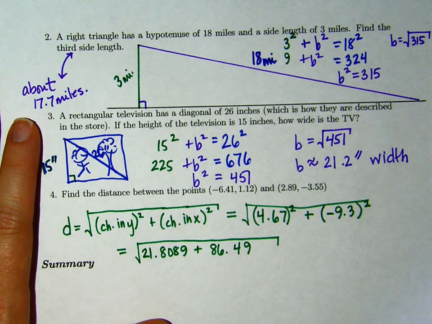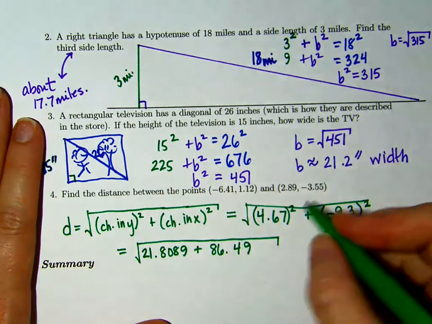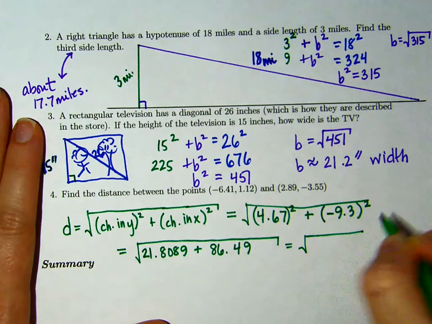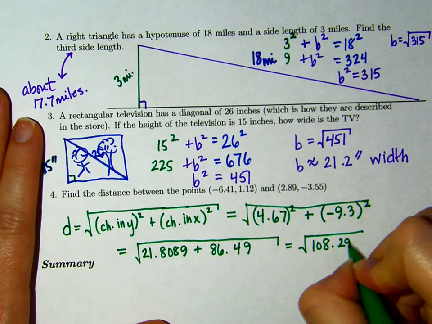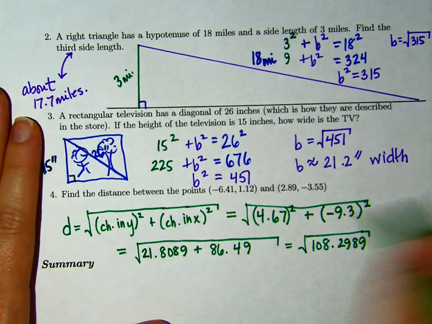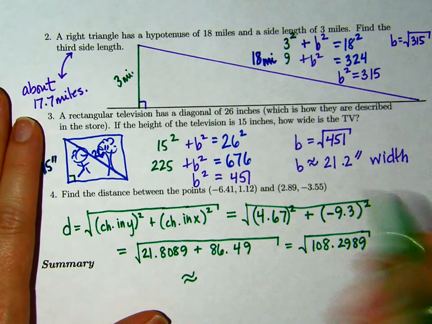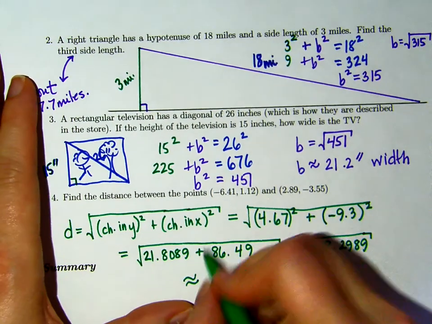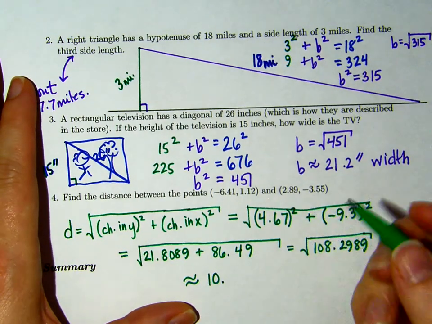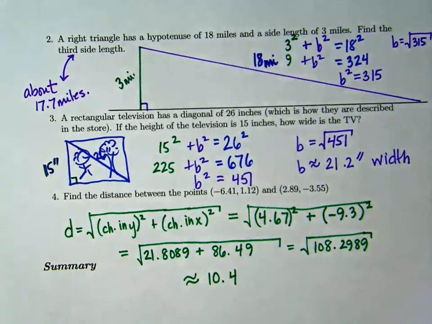Okay, I'm going to go ahead and add those two numbers together, and that is equal to the square root of 108.2989, and that I'm going to take the square root of, and I get approximately 10.4.